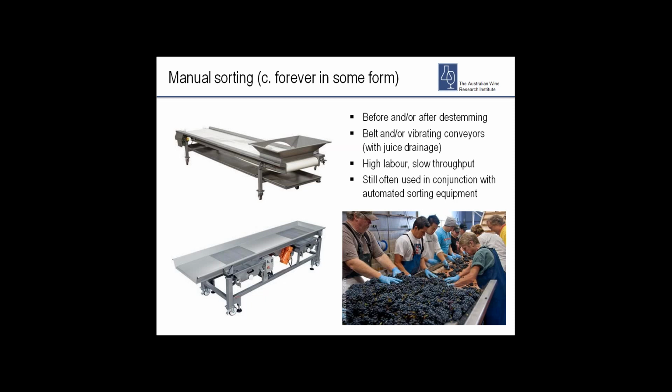Belt conveyor tables and/or vibrating conveyor tables are used. The vibrating tables often have small slots for juice drainage, smalls removal. And I guess with manual sorting, you can do it before and/or after destemming. With some of the automated sorting systems, at the moment it's always performed after destemming.